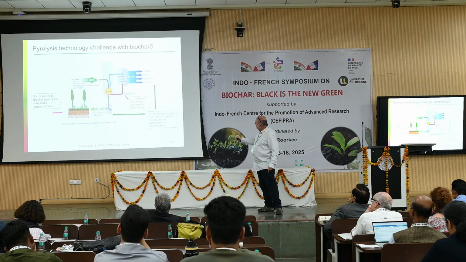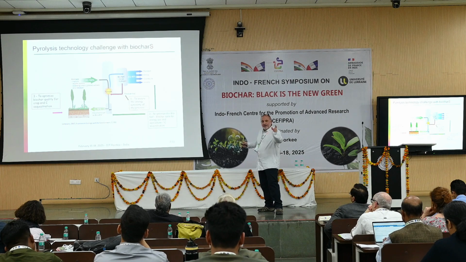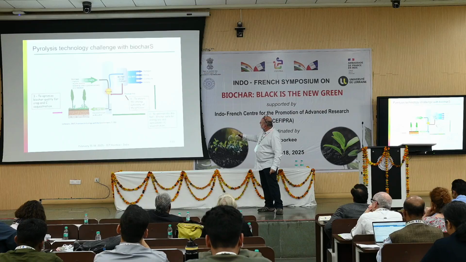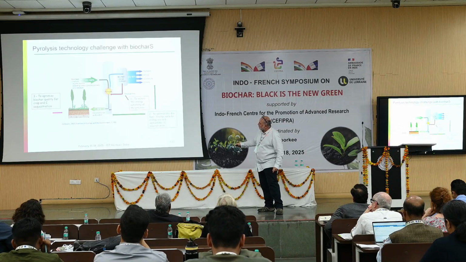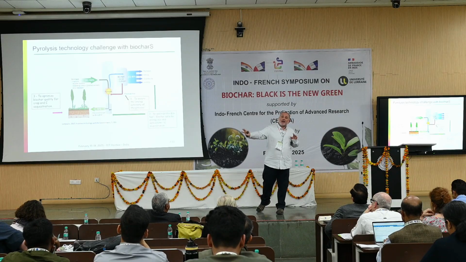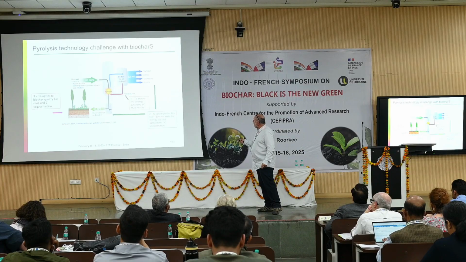The second one is, depending on the application, how to control and to locate the quantity of the co-product compared to the quantity of the end product. How we can manage main product and co-products in the process. This is the second challenge.